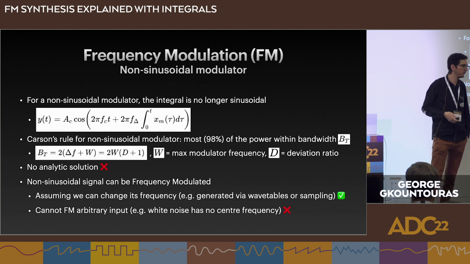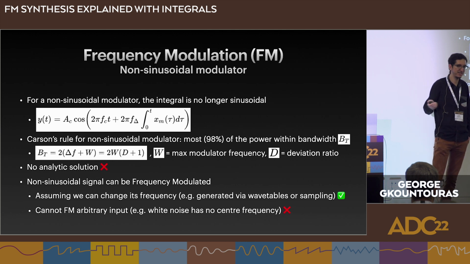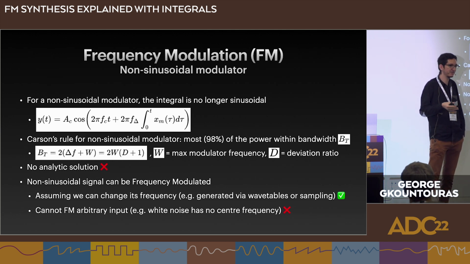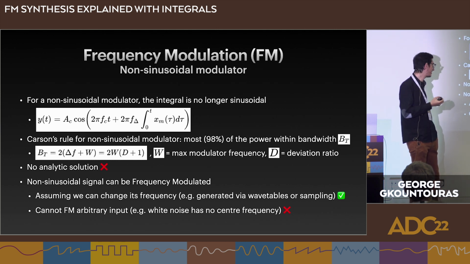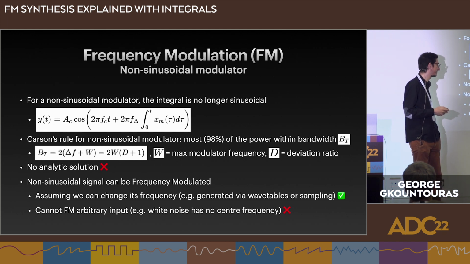But we cannot do that for an arbitrary input. If someone gives us a signal and says, hey, can you frequency modulate that? Well, we would need a center frequency in order to modulate around it. And it doesn't necessarily have a main frequency. It could be white noise.